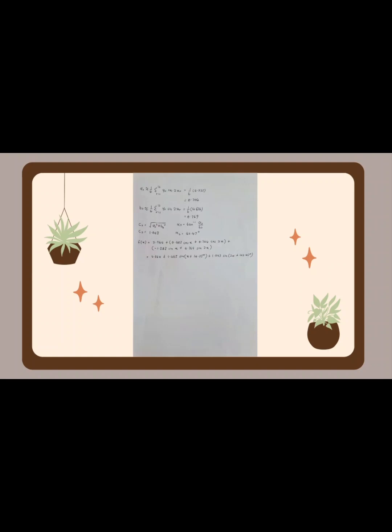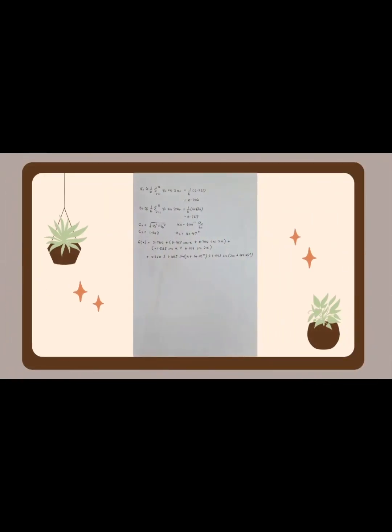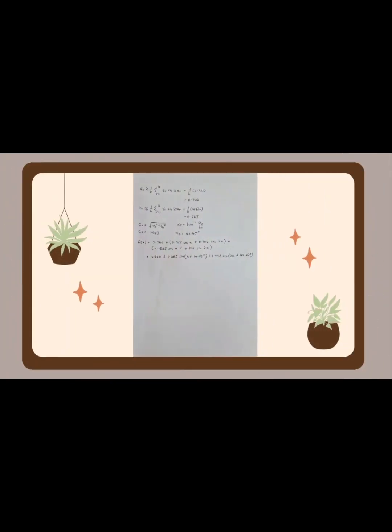So basically f(x) is half A naught, or C naught, plus A1 cos x plus A2 cos 2x, and then B1 is negative this sin x plus B2, 0.7769 sin 2x.